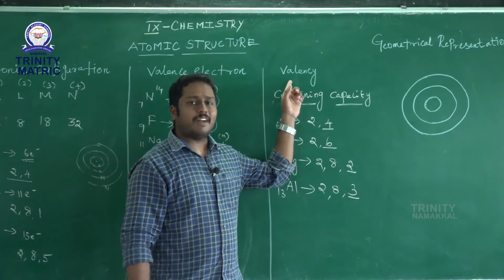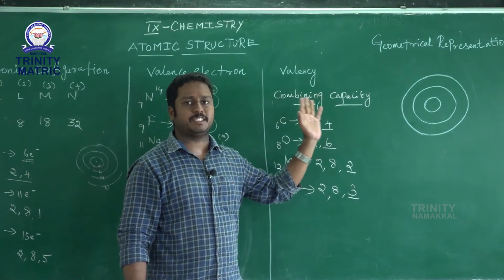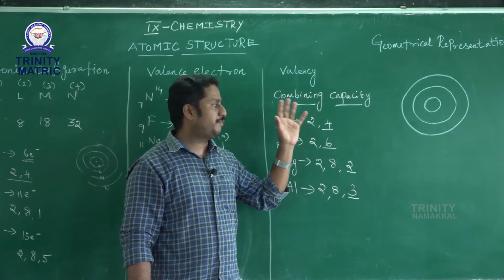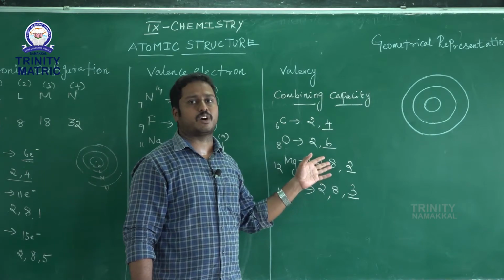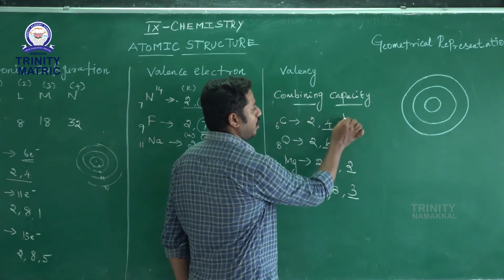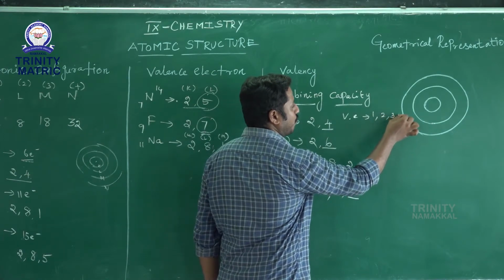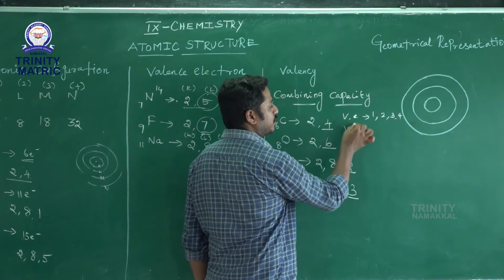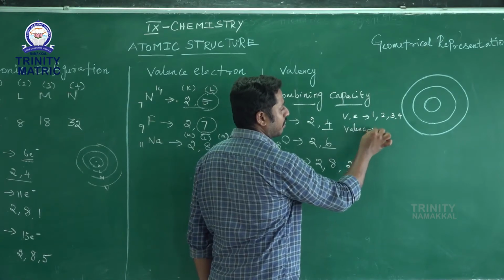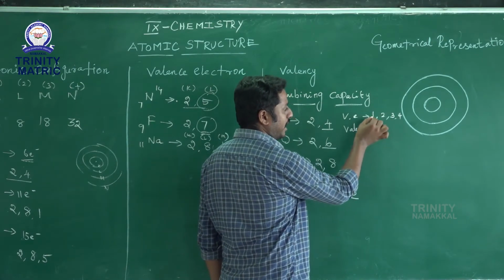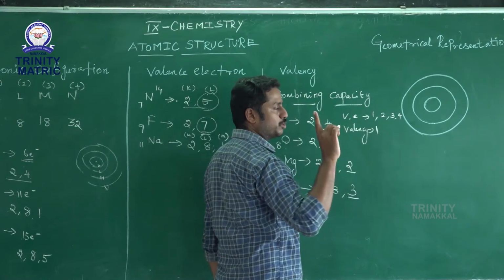Valency is the combining capacity of the element, and it can be found with the help of the valence electrons. If the valence electron is 1, 2, 3 or 4, the valency is the same. If the valence electron is 1, the valency is also 1.